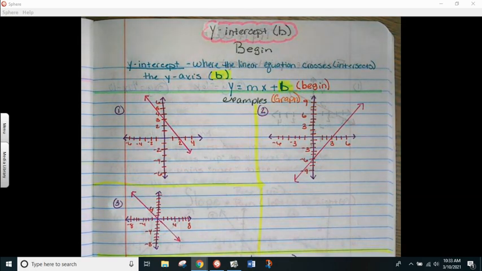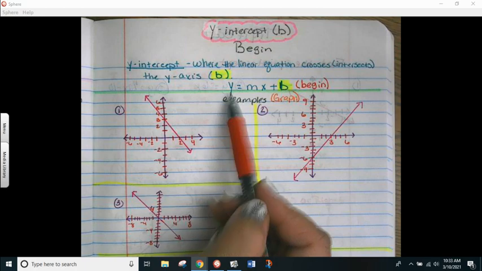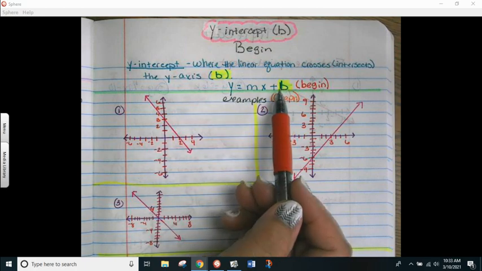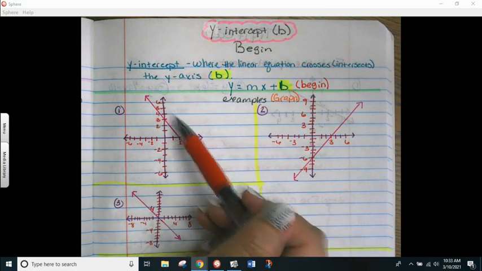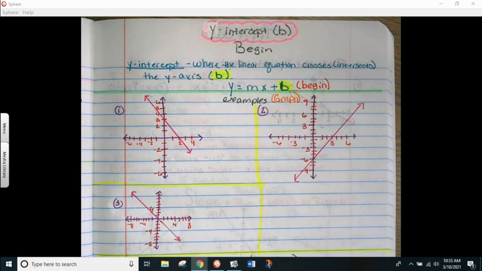Why isn't it y? Well, I already have a y in the equation, and this stands for the y coordinate. So the b is just going to be, where does my line cross the y-axis? That's it. That's the first part I want you to learn or understand on linear equations.